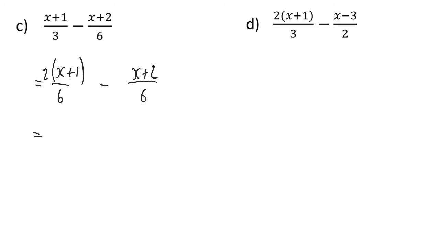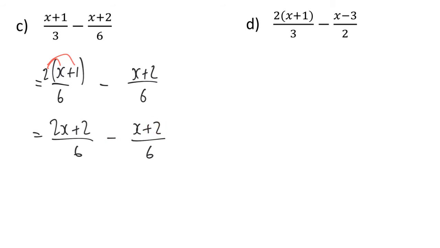Expand out the brackets on the first, so we multiply the 2 into the bracket into both terms, and we get 2 times x is 2x, 2 times 1 is 2, and we're taking away x plus 2 over 6. Now we need to subtract the numerators. Now the thing we need to be really careful about here is that we're subtracting the x and we're subtracting the plus 2.